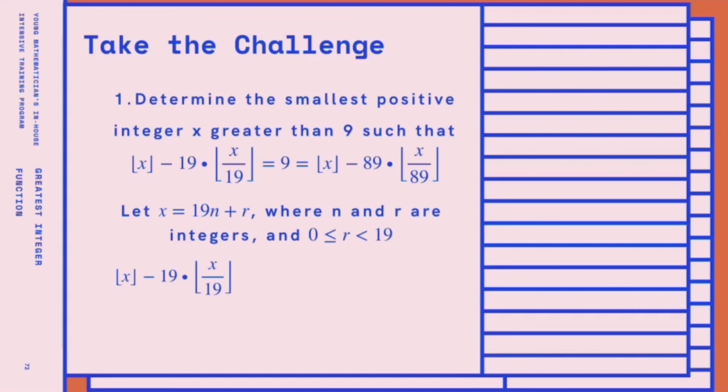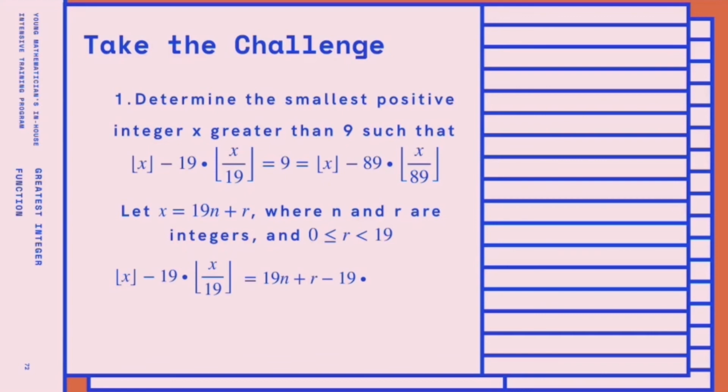Now we can write the expression, the greatest integer function of x minus 19 times the greatest integer function of x over 19, substituting 19n plus r as our value of x. Since x is an integer, the greatest integer function of x is just 19n plus r.